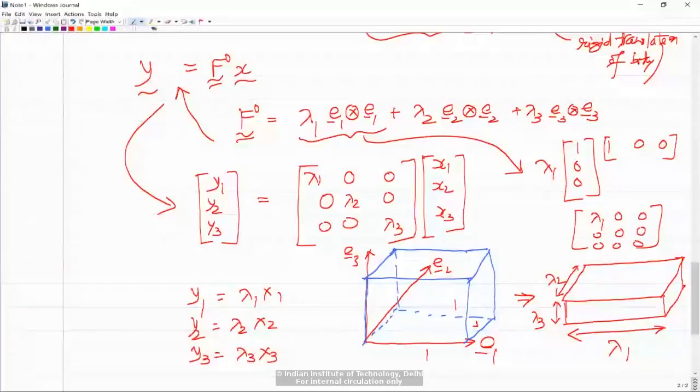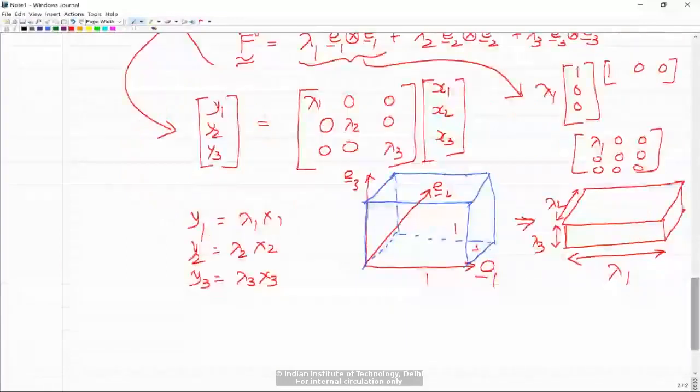What if you set lambda 3 equal to, sorry, 1? If you set lambda 3 equal to 1, then what is this going to look like?